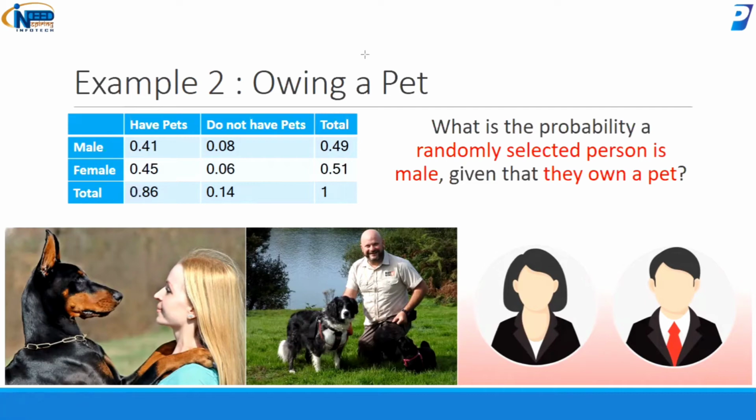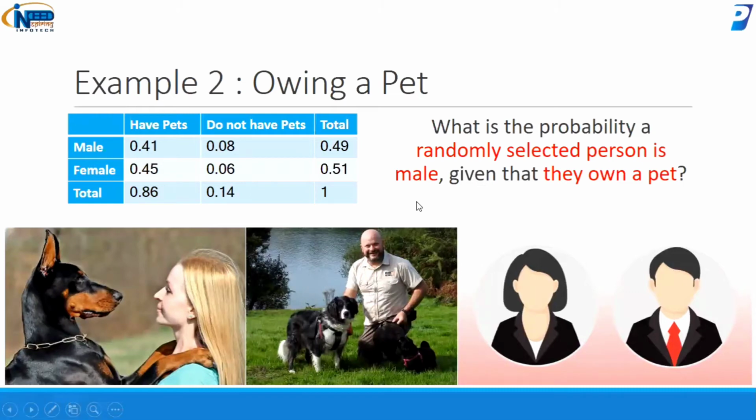What is the prerequisite, what has already happened? They must own a pet. So among all those people who own a pet, what is the probability that the randomly selected person would be a male? This is what we have to identify. Let us move ahead and understand in further slides.